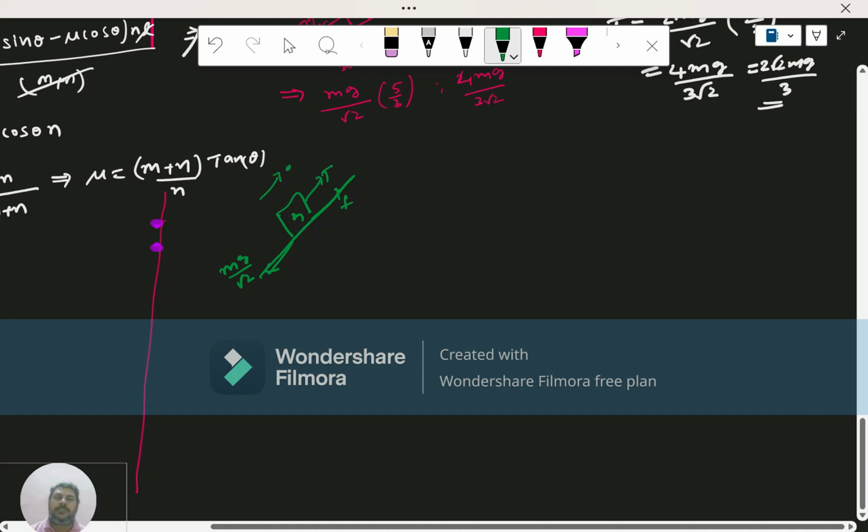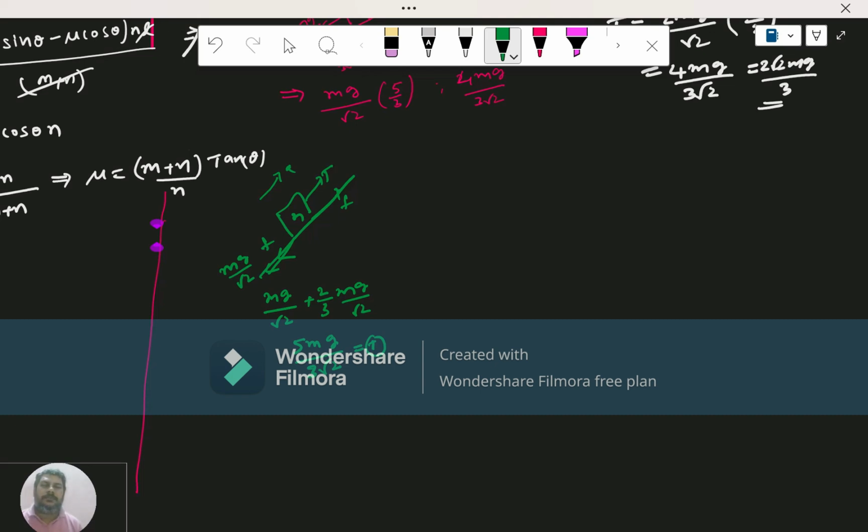It is moving upwards, consider, then friction is automatically downwards. Therefore mg by root 2 plus friction equal to 2 by root 3 into mg by root 2, that equal to 5 mg by 3 root 2. So now this I will take as tension. Tension is equal to 5 mg by 3 root 2, I will take.